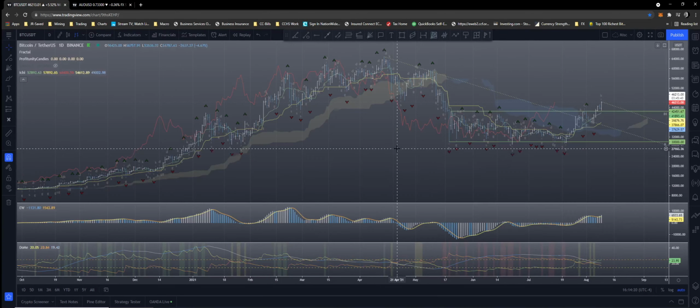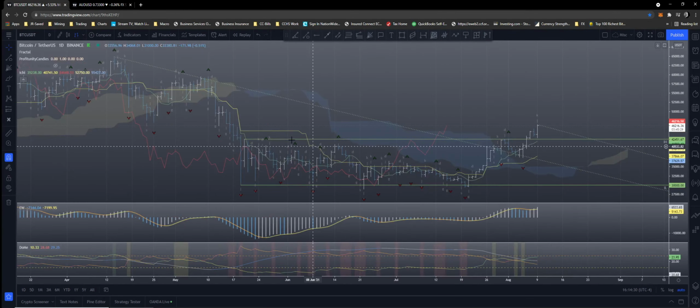You'll see other examples in action where you get the breakdown from a level and it tests from the downside. Gold cross, death cross, flats. Watch the flats.